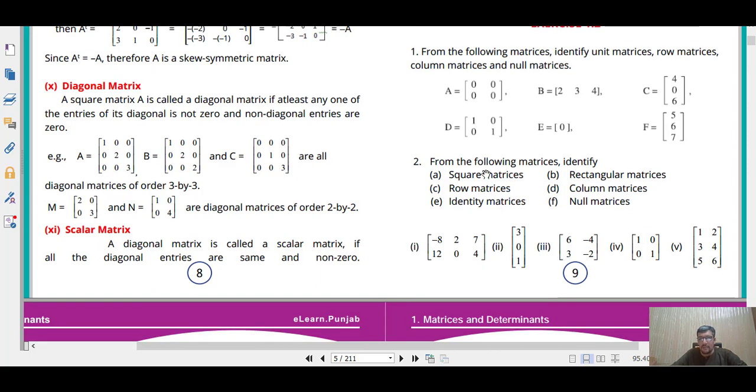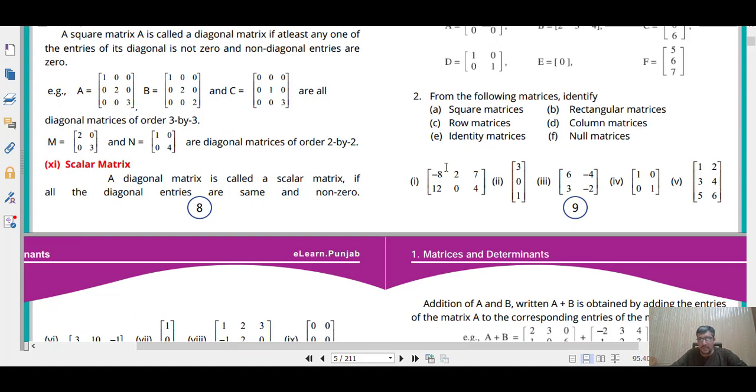So now we are moving towards question number 2. In question number 2, again we have to identify which type of matrices are given to you in the first part, second, third, fourth and fifth. And they are asking that we have to tell either it is square matrix, rectangular matrix, column, null, row, or identity matrix.